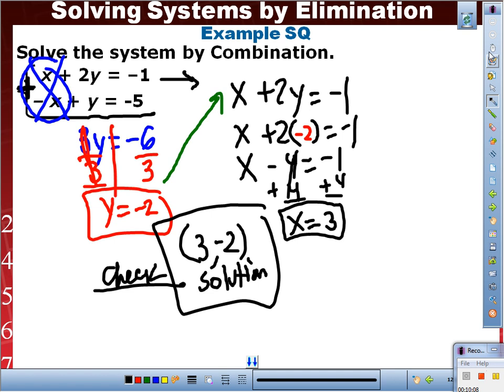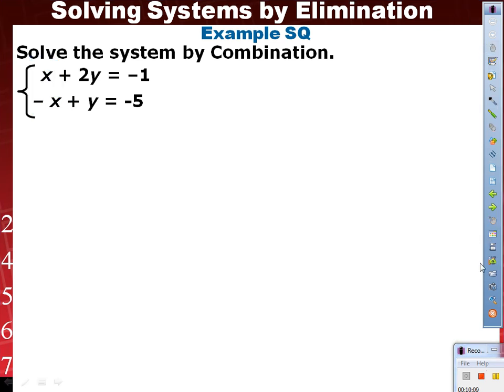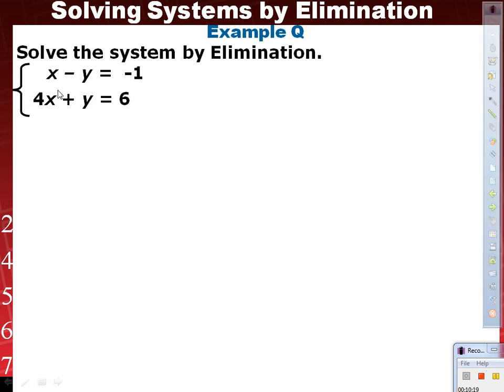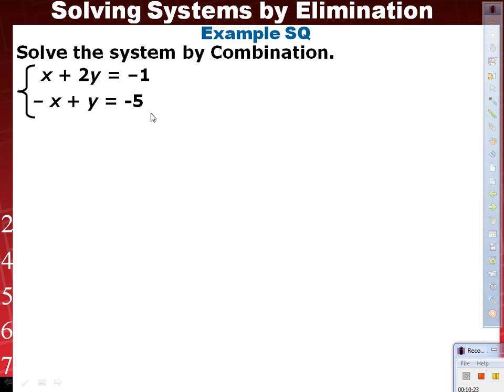Look up, please. We started with this one. And this one we were able to combine or eliminate the y. We eliminated the y. For this one, we were able to combine and eliminate the x.